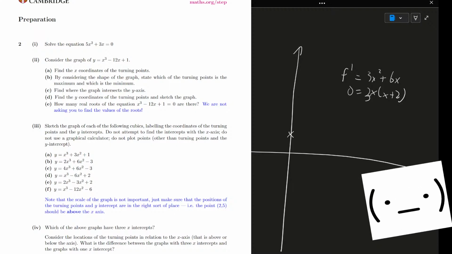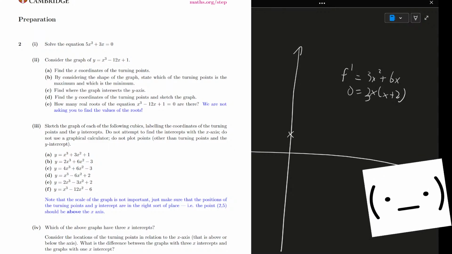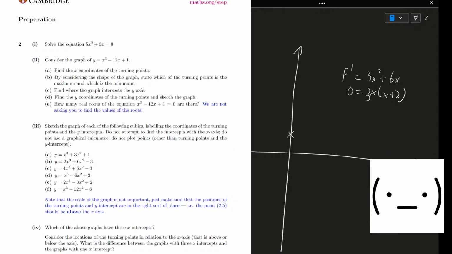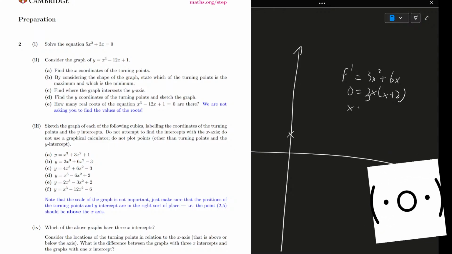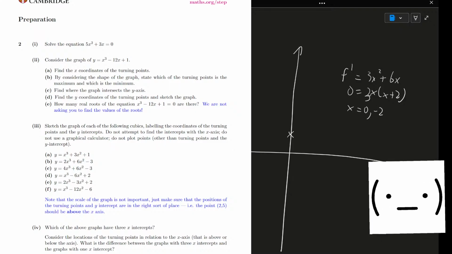Okay, so wait, x is okay. Here we go. Oh wait, no, x is one of our turning points. And -2 is also a turning point. So this is a turning point.